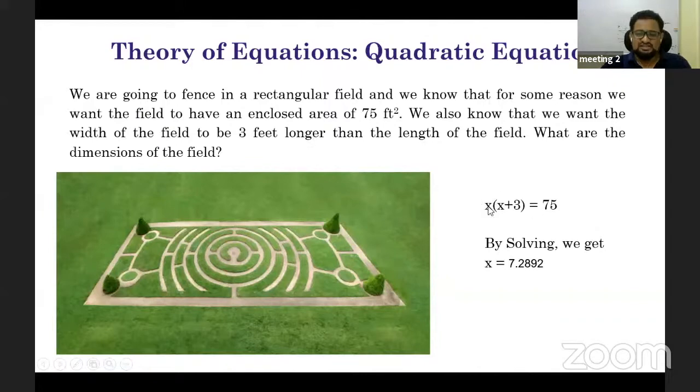So this is the equation we get, x into x plus 3, whereas the area is fixed at 75. Now if you solve this problem, you get what the length of the field should be.